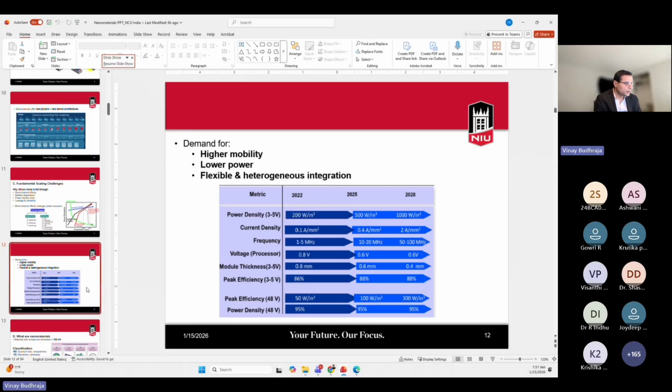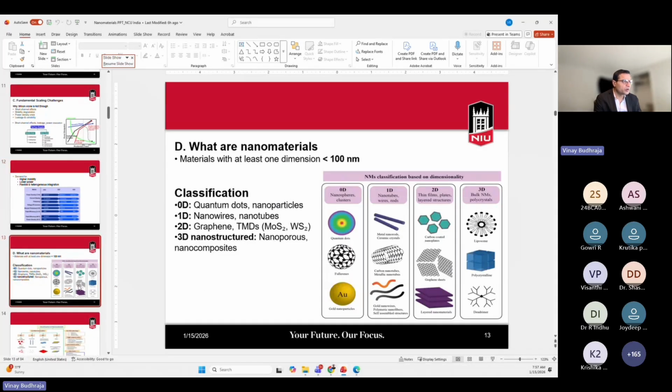So let's further move on to the nanomaterials. What nanomaterials are being used? First, the basic definition: they should have a dimension below 100 nanometers, and they have different classifications based on the dimension of the property.